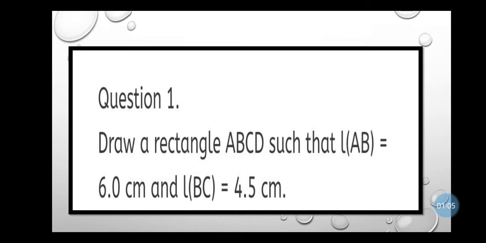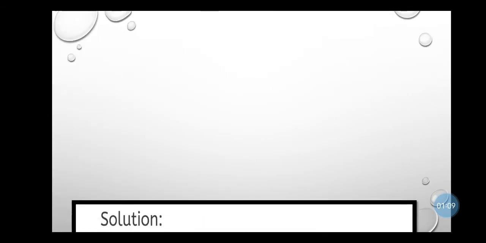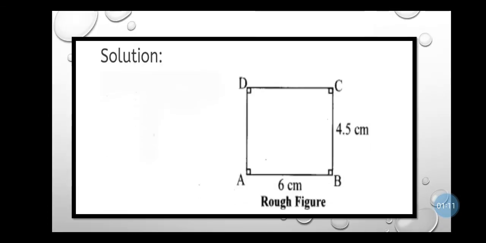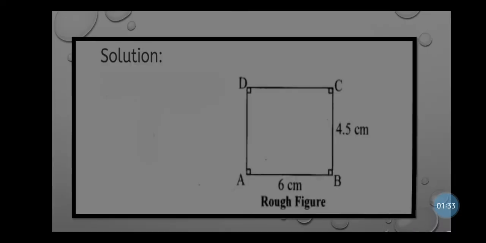So AB will be equal to CD, that is 6 cm, and BC will be equal to AD, that is 4.5 cm. So the first and foremost thing, you will be drawing this rough diagram. After this rough diagram, I have shown you the steps of construction. Step by step you will solve and your quadrilateral will be ready. Let's start.